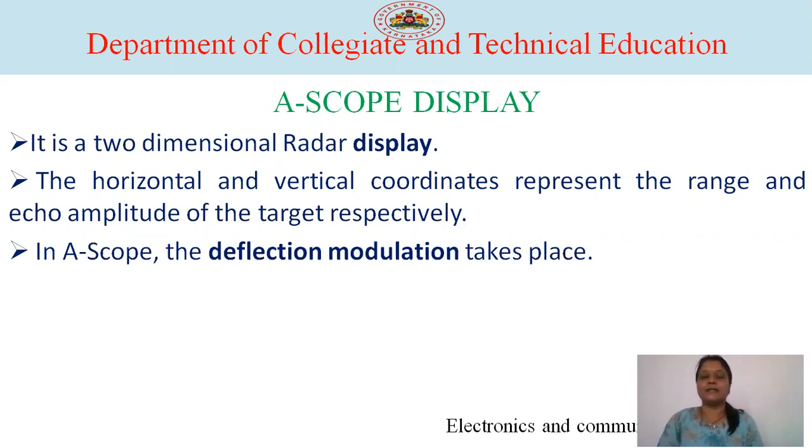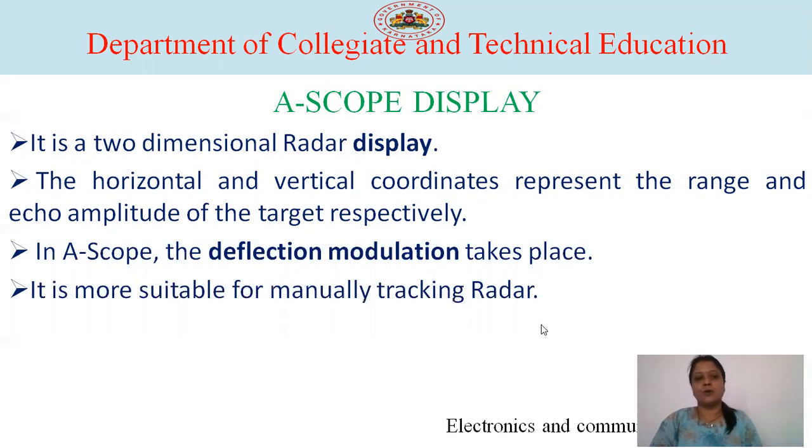In the case of the A-scope, it is the deflection modulation type of display. Whenever the input is applied, the electron beam deflects and produces the image. It is more suitable for manually tracking radars.